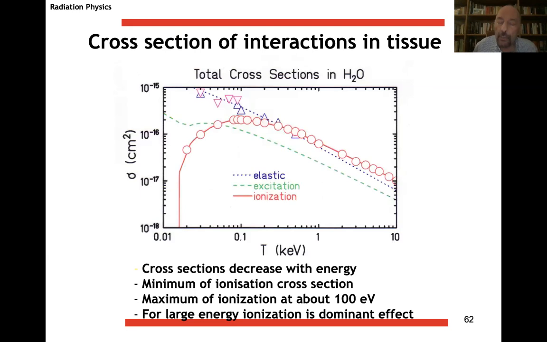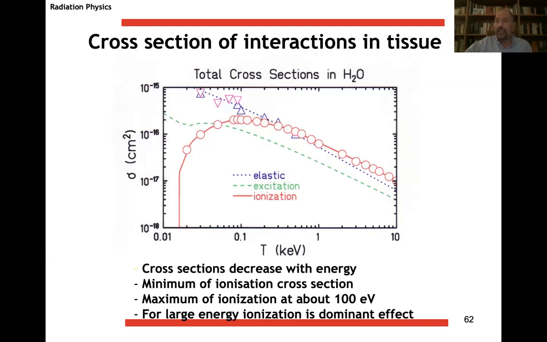Now, how is the cross section for elastic interaction of the electrons? This is the blue line. For excitation, this is the green line. And for ionization, this is the red line. This is an interesting range of energies, because you see you are starting from 0.01 keV.